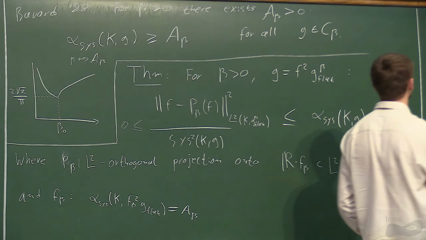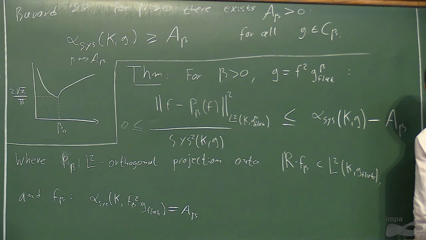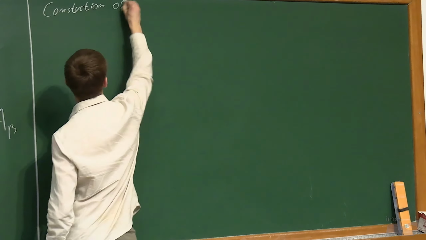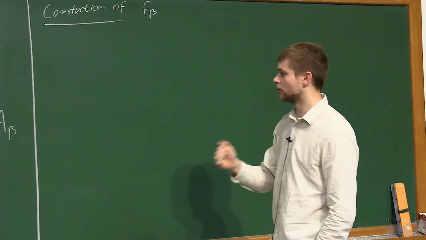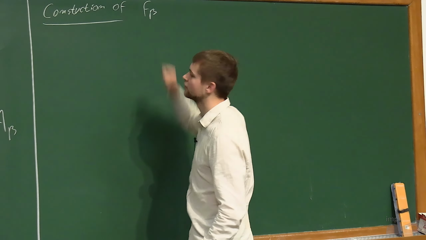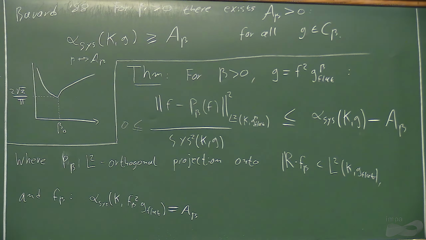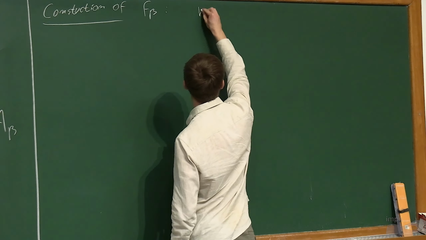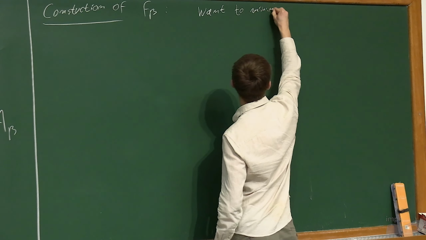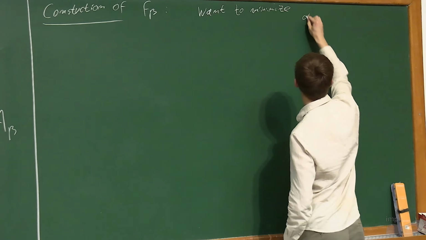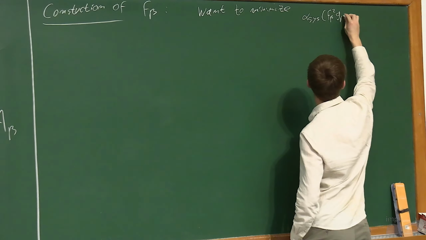So for the construction of this optimal function f beta, for now on we work in a fixed conformal class and want to find a function f beta which in this conformal class minimizes the systolic area. So we want to minimize the systolic area of f beta squared G flat.